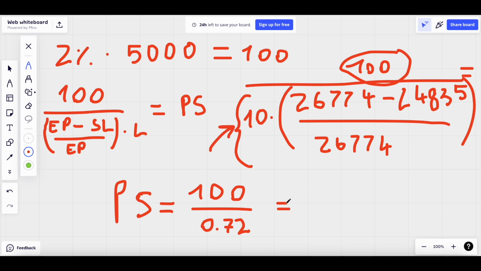And ultimately, the position size would be equal to 138.88 US dollars. And so your trade size, so the amount of money that you will use for this trade, will be 140 US dollars, more or less, which would allow you to take a maximum loss of 2% in case the price moves in the opposite direction than what you expect.